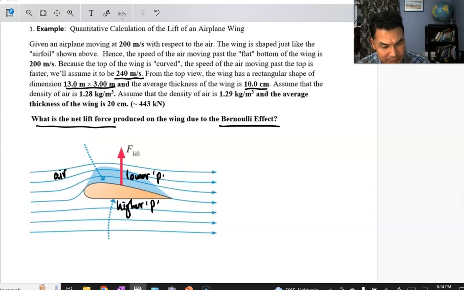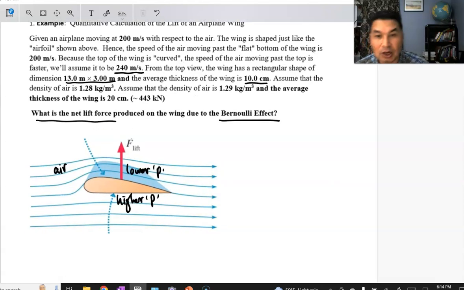To do that, let's first draw a free body diagram on the wing.